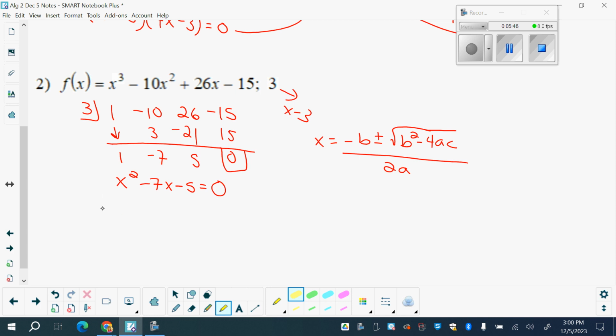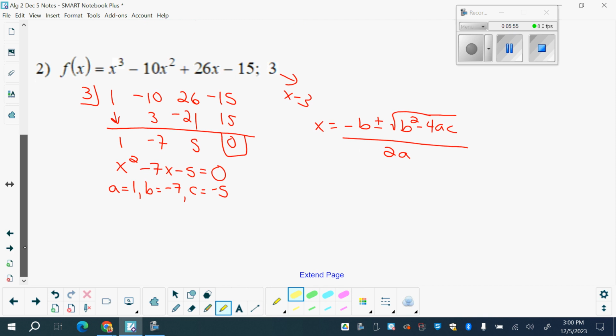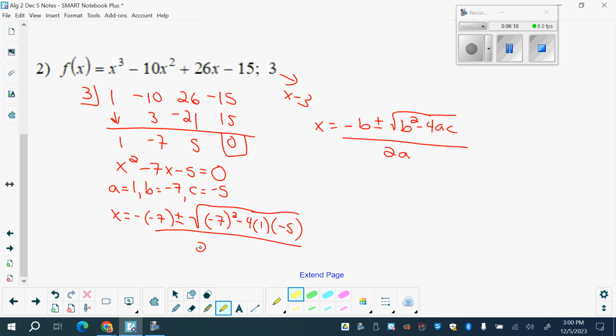So your A is 1, B is -7, and C is -5. So we get the opposite of -7 plus or minus the square root of -7 squared minus 4 times 1 times -5, over 2 times 1.